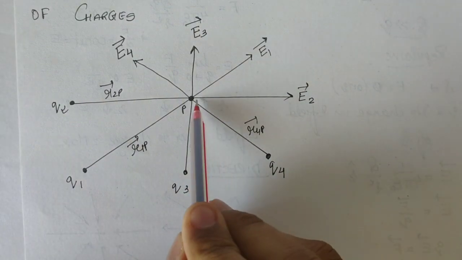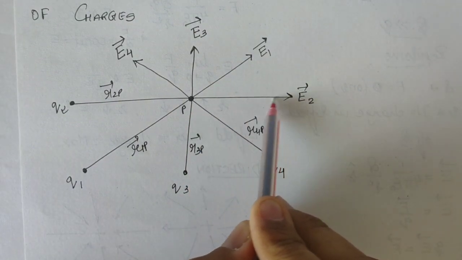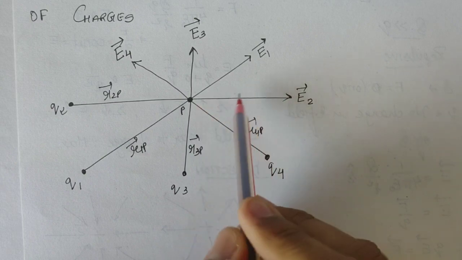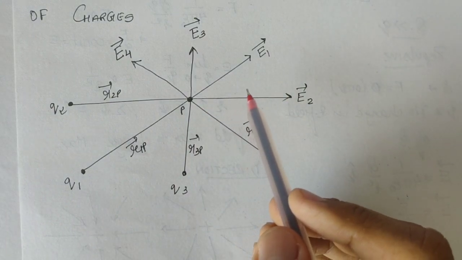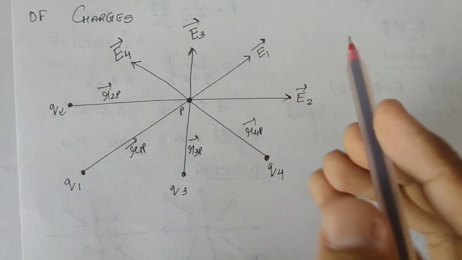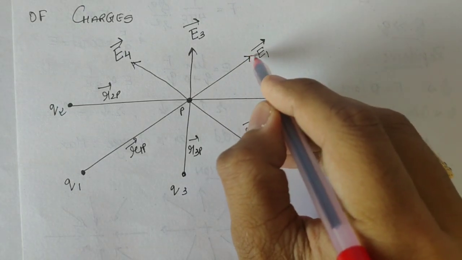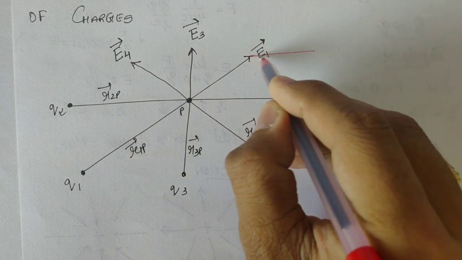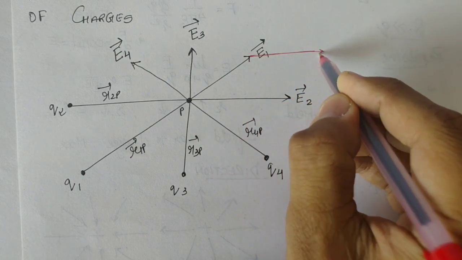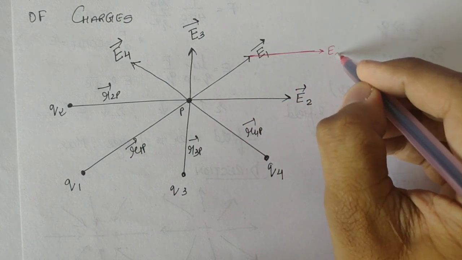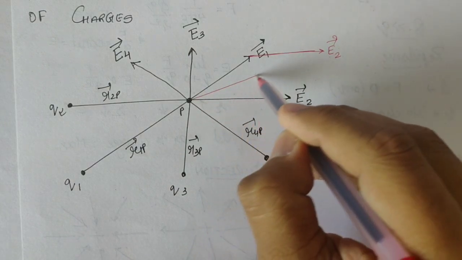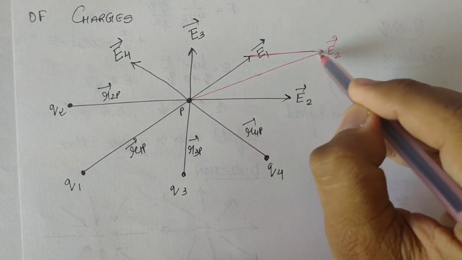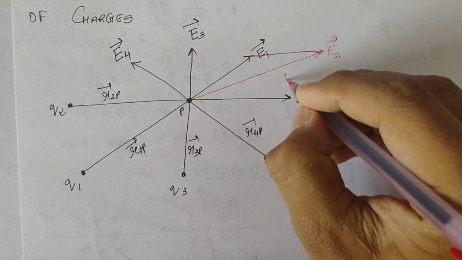Consider a parallel of E2 with E1. Why? Because, using the parallelogram, we require the head of one to be on the tail of the other. This is E2, and this is the resultant direction of E1 and E2, which is E dash.